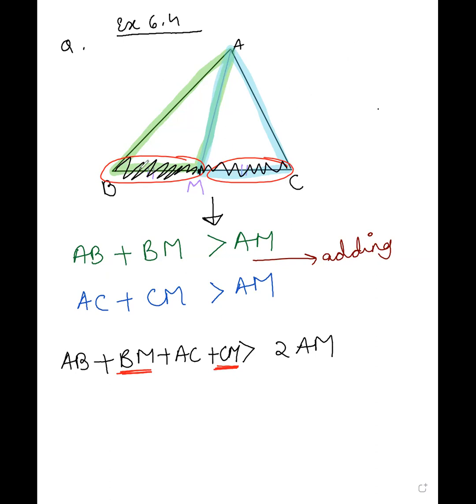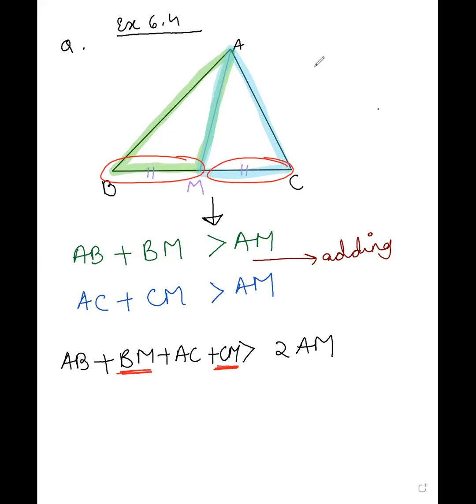When you add these two lengths, which length do you get? B is a point. What is this length, Hiba? Isn't it BC?